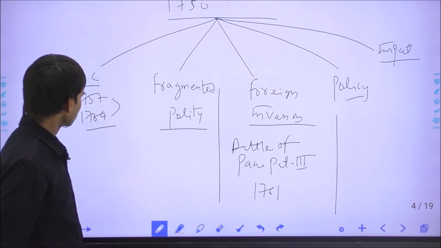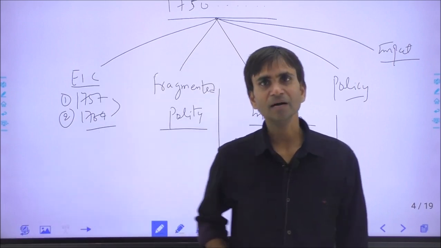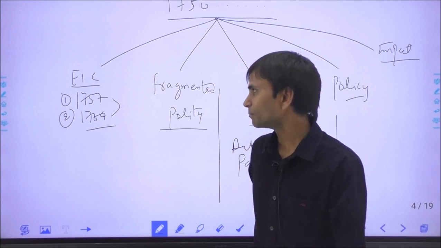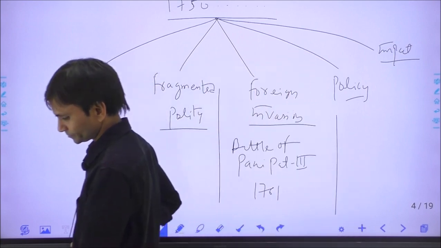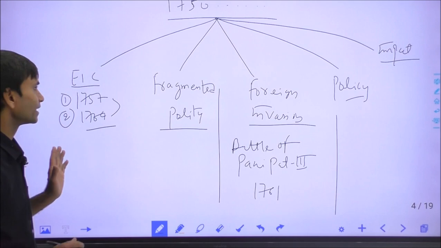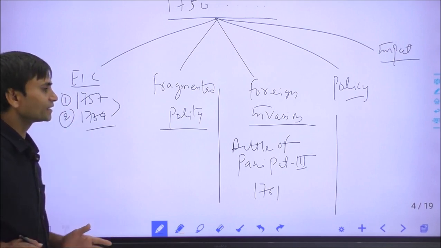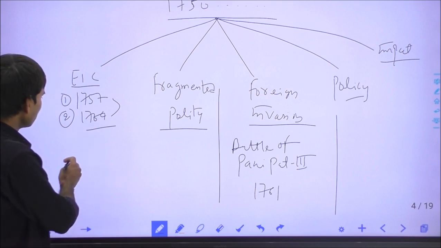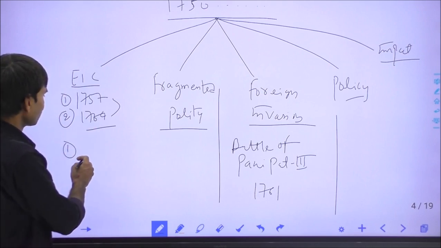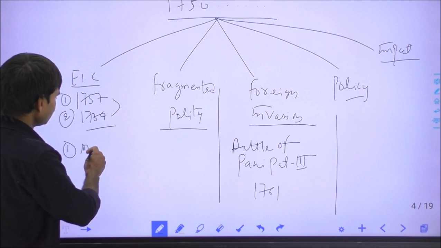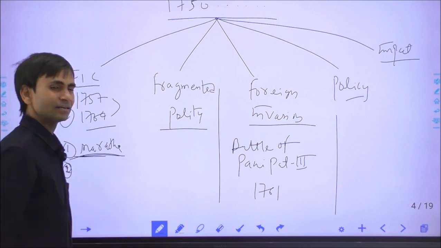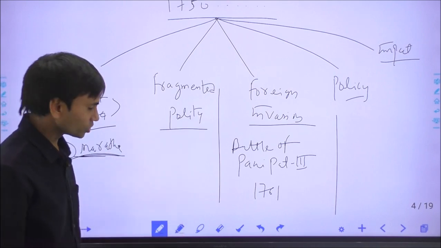After winning these two battles, the company established itself as an important political and military power in India. After that, the company targeted the other political powers of India. This was the Marathas. They were defeated by the East India Company. So then you have to study in detail the Anglo-Maratha wars.